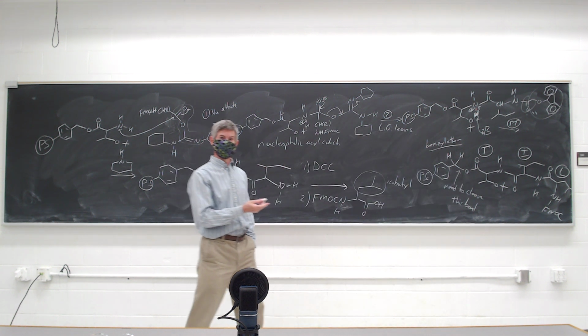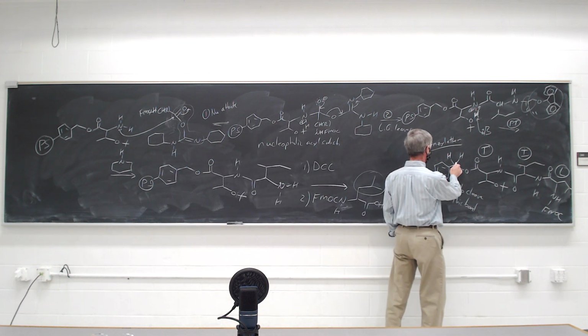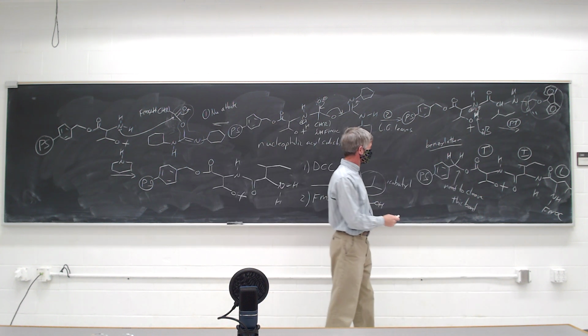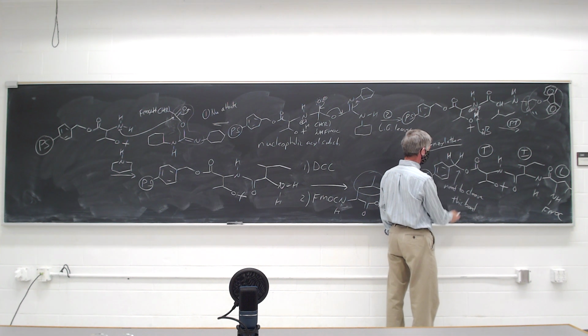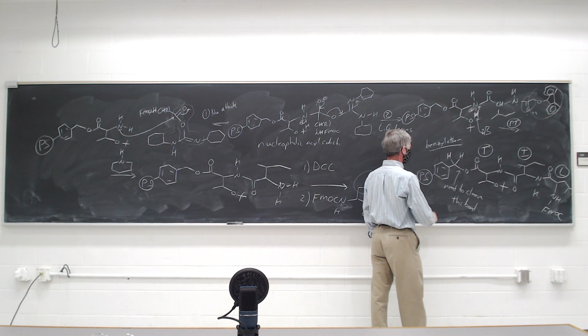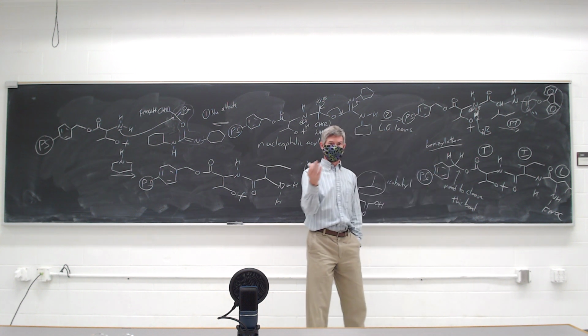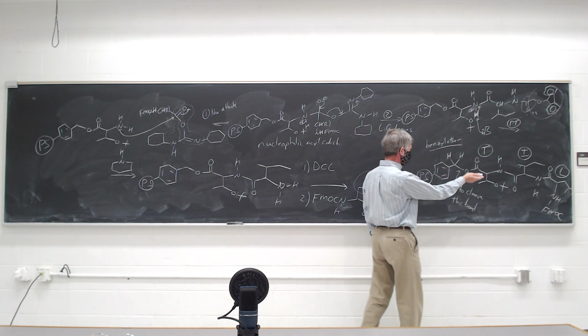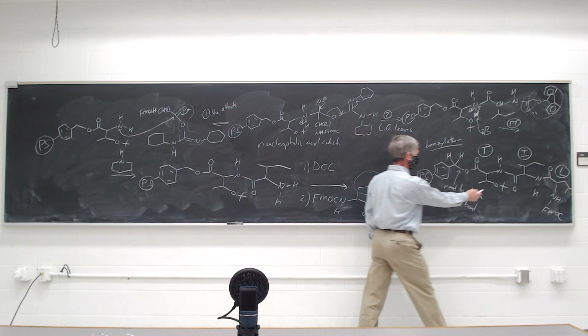But you can also exploit the fact that SN2 reactions occur pretty rapidly at benzylic positions. So if you treat this with an acid so that you protonate this carbonyl group, you can then do an SN2 reaction. And an acid that's often used for that is the same acid that we use to put this group on in the first place.